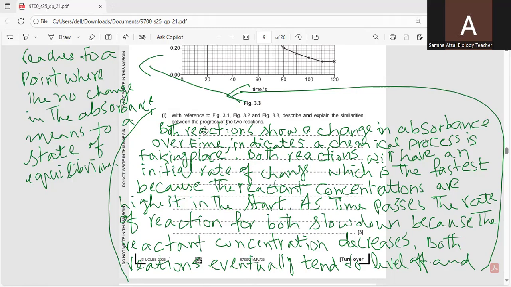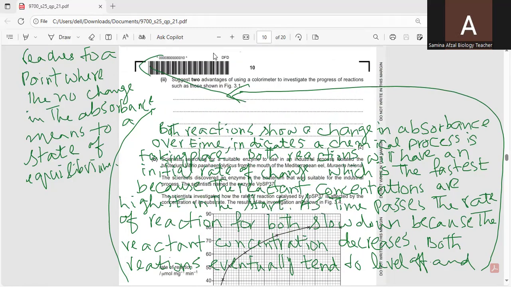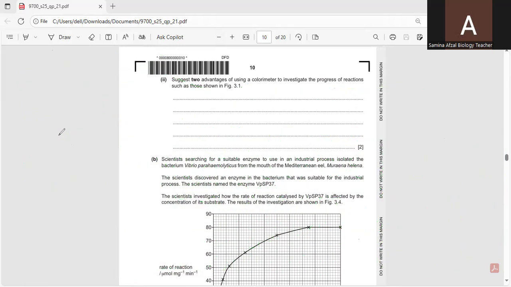Next question is, suggest two advantages of using a calorimeter to investigate the progress of reactions such as those shown in figure 3.1.